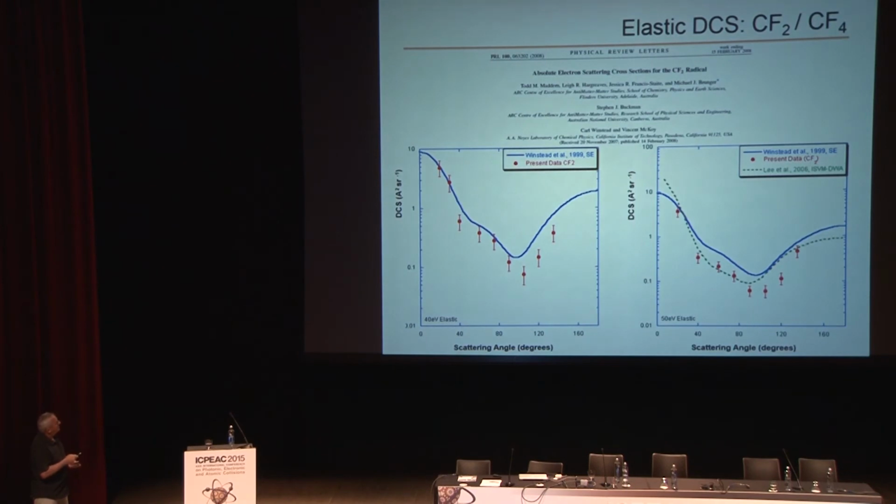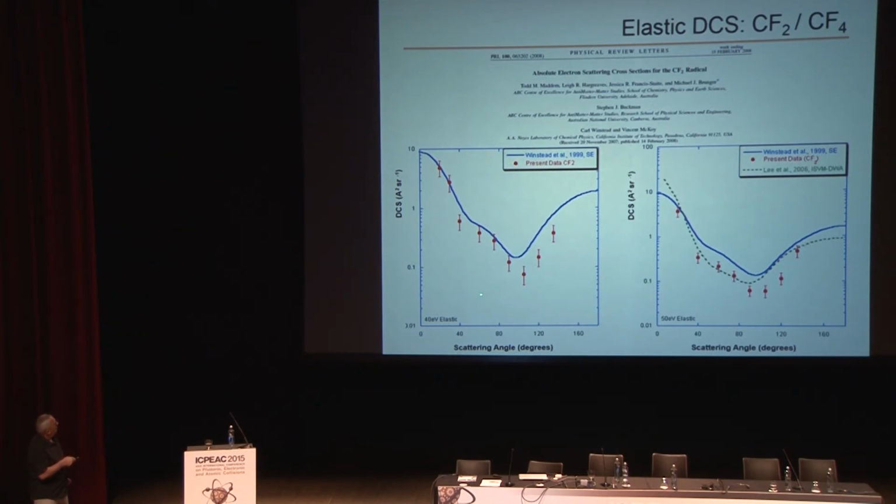These are some results. This is for CF2, which is produced through pyrolysis of CF4 at about 1,000 degrees centigrade. These are absolute differential cross-sections, angle and cross-section here, compared to a Schwinger variational calculation from Caltech from Vince McKoy and Carl Winstead.